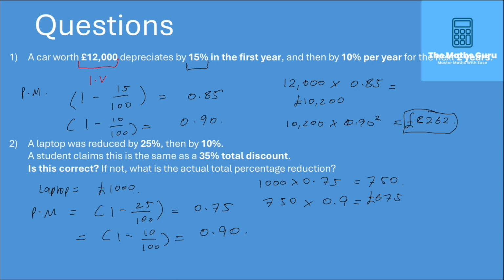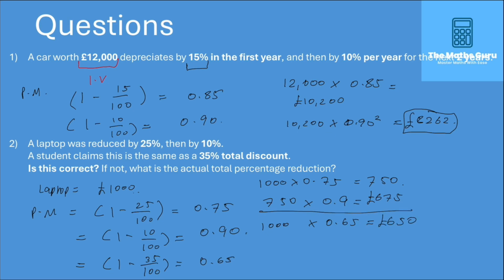Now the student has claimed that this is the exact same thing as doing a 35% total discount. If we do 1000 times our percentage multiplier of 1 minus 35 over 100, that's going to be times 0.65. So 1000 times 0.65 is equal to £650.